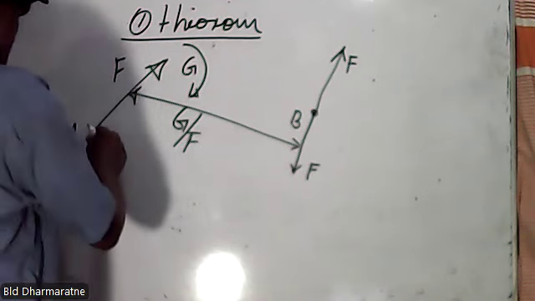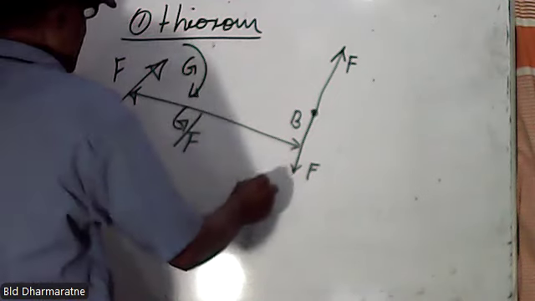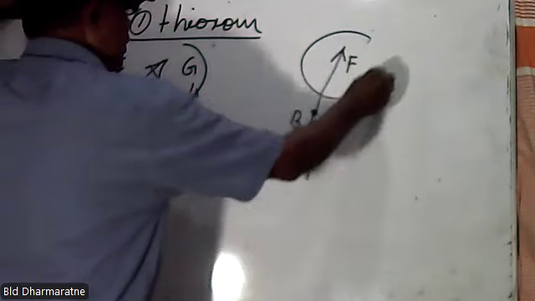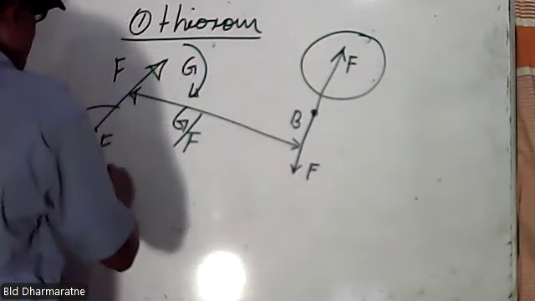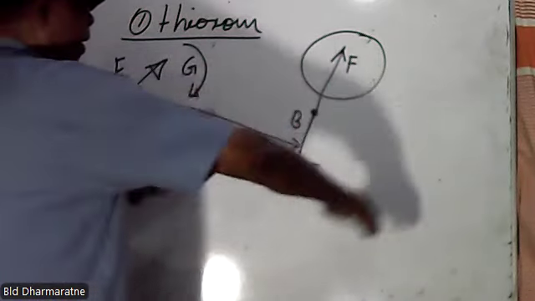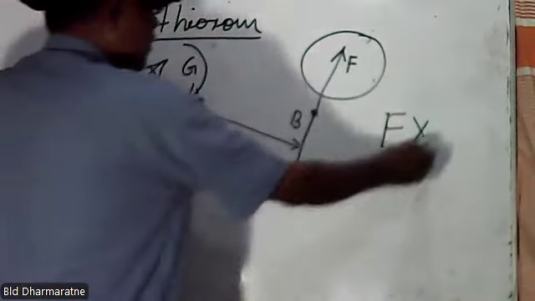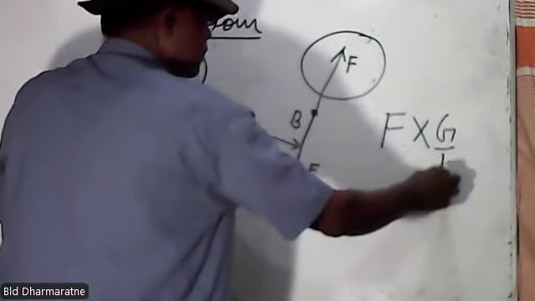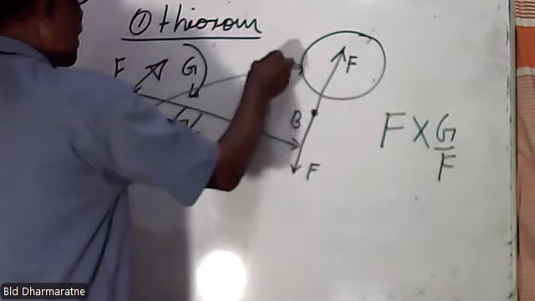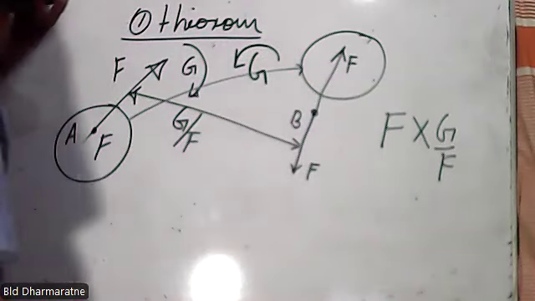Now, this force here and this force here create a couple: F into the perpendicular distance G over F, which is a couple of magnitude G. What is happening then?